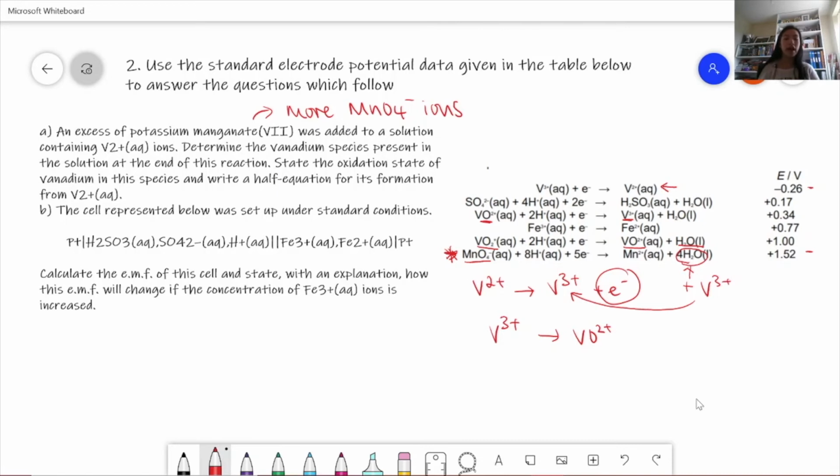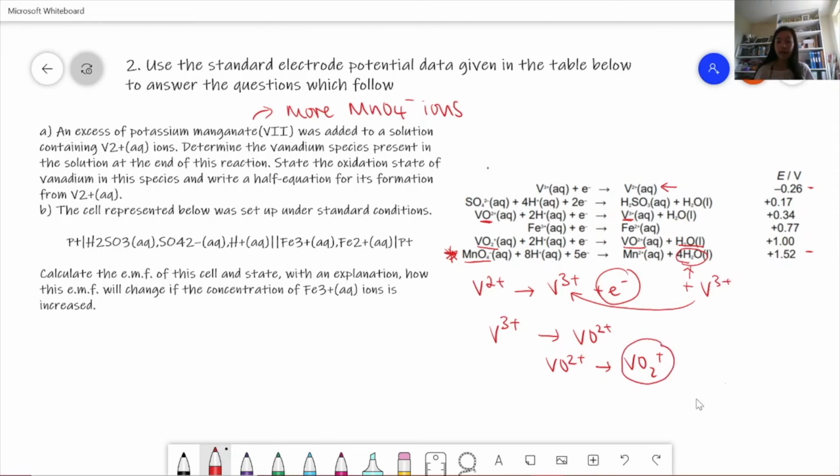And so this VO2+ will then turn into VO2+. And of course, this is also because all of these equations with the vanadium, they all have a more negative standard electrode potential, so that they always act as the reducing agent. And so that's why eventually the V2+ will turn into this VO2+.